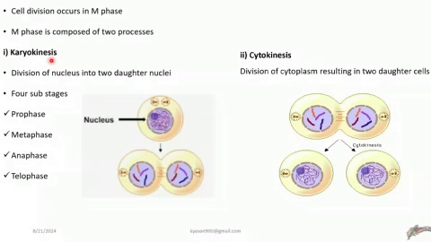After the nuclear splitting, the cytoplasm and the membrane will also split. We call that cytokinesis, so that we can form two independent daughter cells.